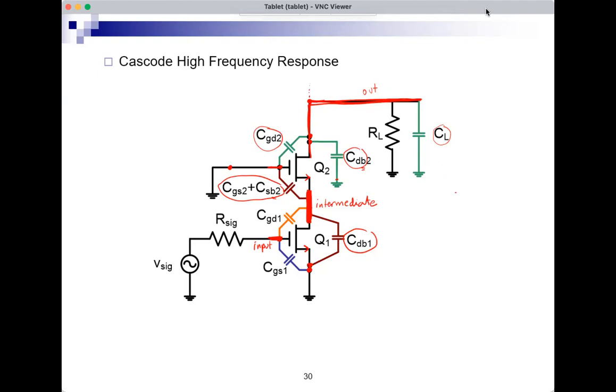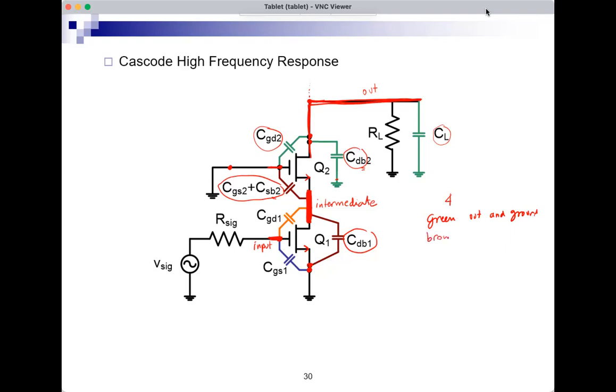So we have green between output and ground, right?